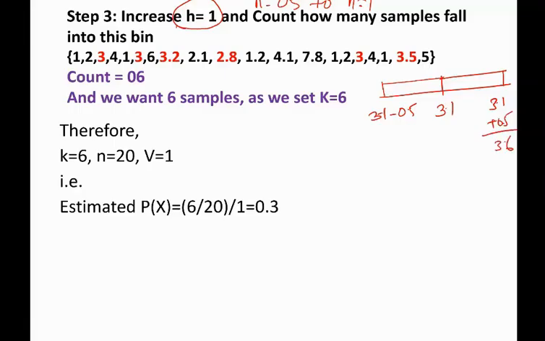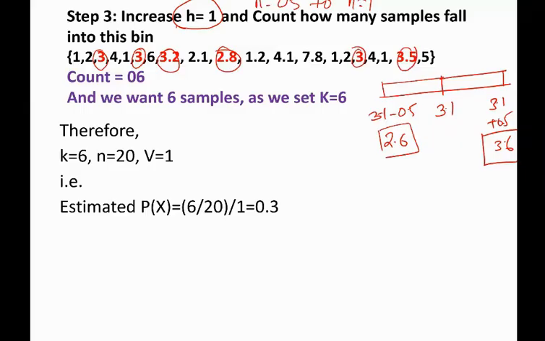So maybe 3.6. So in that range, we will search for the samples. How many samples do fall in this range? So I marked here. So this is 1, 2, 3, 4, 5, and 6. Okay, so I got 6 now.